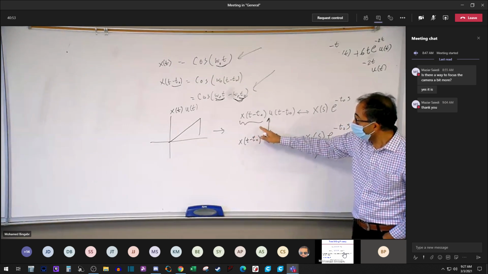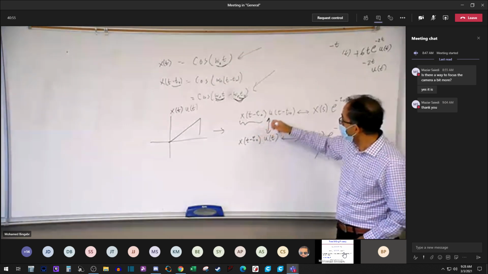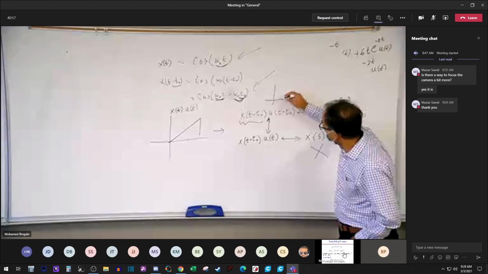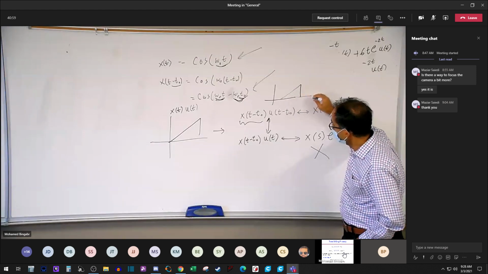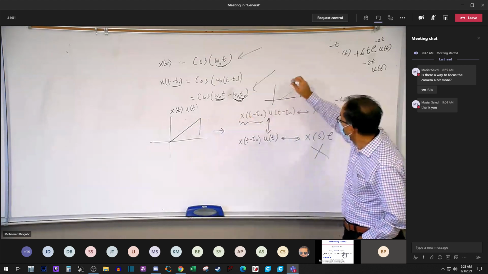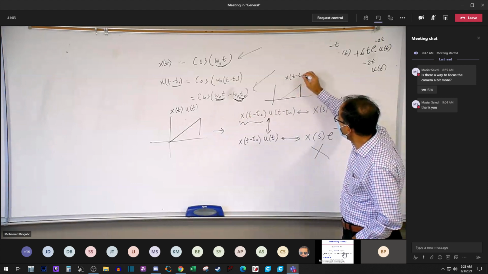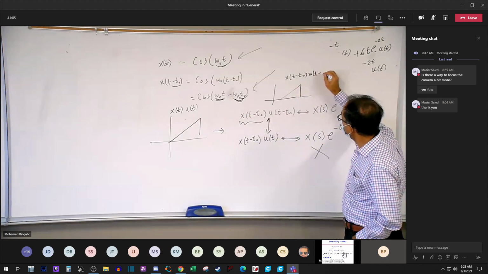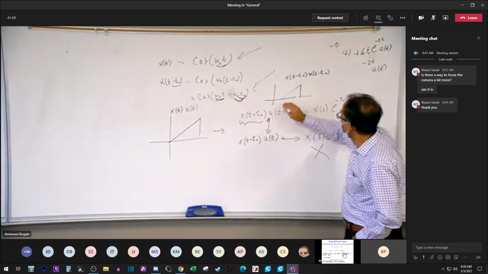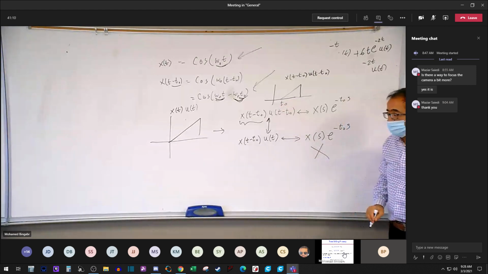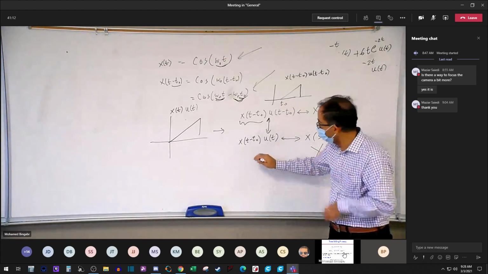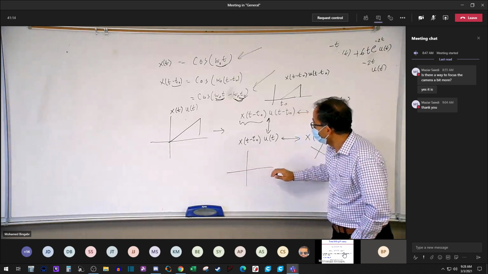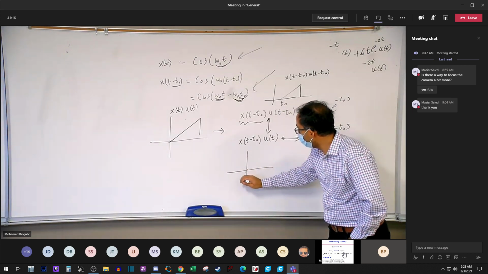Why? If you plot these, it will look like this. So that was x of t. This will be x of t minus t0, u of t minus t0. If I plot these, the original function was like this.